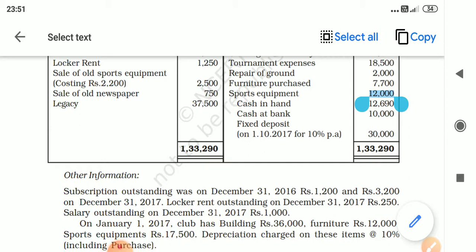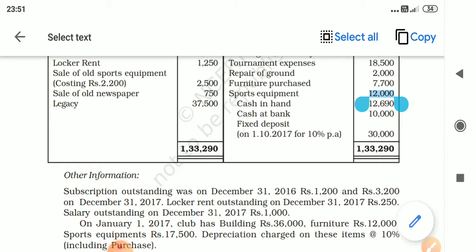In the current year's balance sheet, asset side, you have to show sports equipment 17,500 plus purchases 12,000 minus sales 2,200, total 27,300 minus depreciation 2,730. The net figure will appear in the outer column.